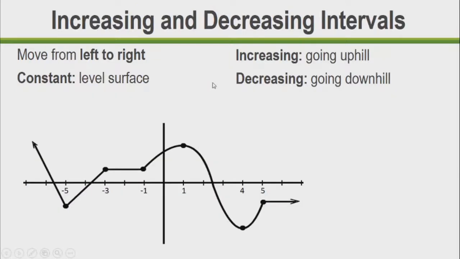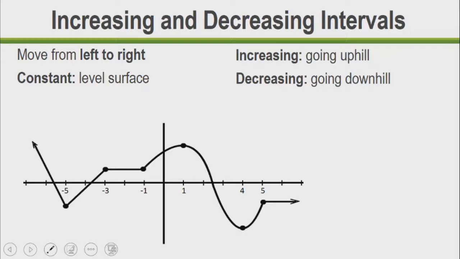So for increasing and decreasing intervals, we always move from the left to the right of the graph. As we move from left to right, we ask ourselves, is the function decreasing, that is going down the hill, or increasing, that means it's going uphill, or is it constant, that is just at a level surface.